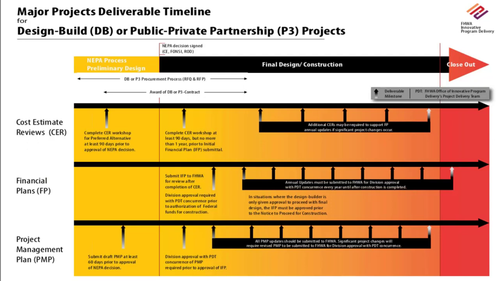So the financial plan has to be submitted to FHWA before the project is authorized, and has to receive approval from the Office of Innovative Programs Delivery Project Team.